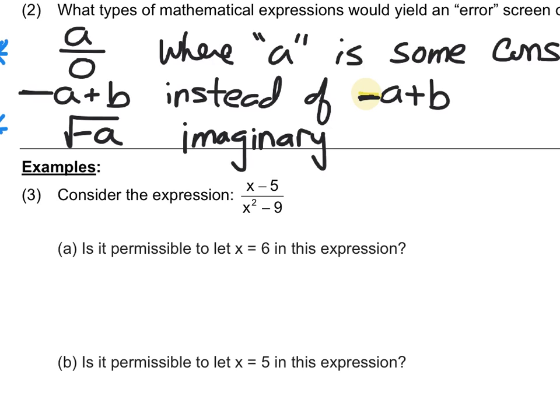So basically, I have like a little checklist. I'm gonna get a little crazy here. I'm gonna make a little checklist. Undefined: 0 in denominator.